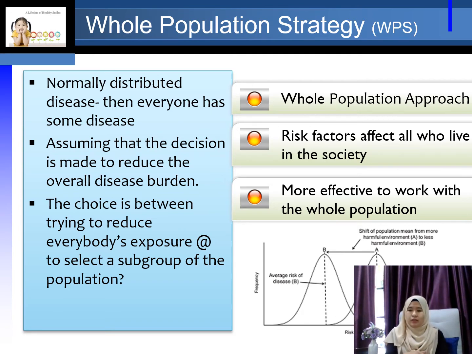We give it to everyone who stays in Malaysia, so we try to reduce the disease burden for the whole population. So the choice is between trying to reduce everybody's exposure or selecting a subgroup of the population. It is more effective to work with the whole population compared to a subgroup.